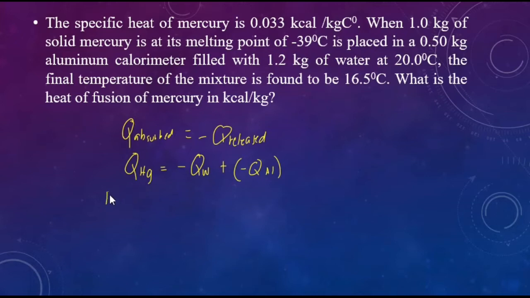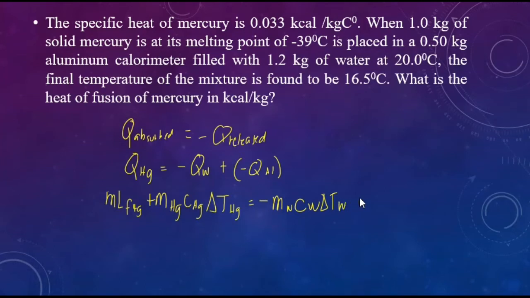So we have here m L_f for mercury plus mass of the mercury, c of the mercury, delta T of the mercury, is equal to negative mass of the water, c of the water, and then delta T for the water, that's negative Q for aluminum, which is mass of the aluminum, c of the aluminum, and then delta T for the aluminum.